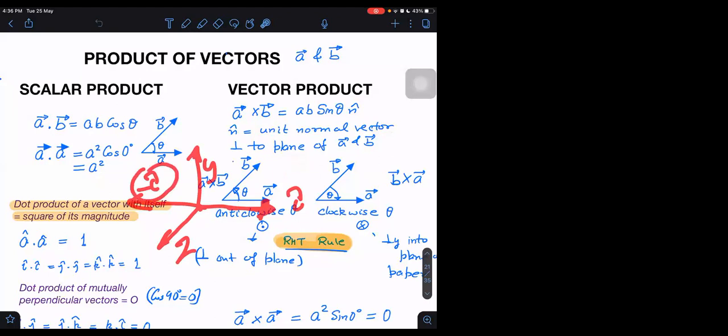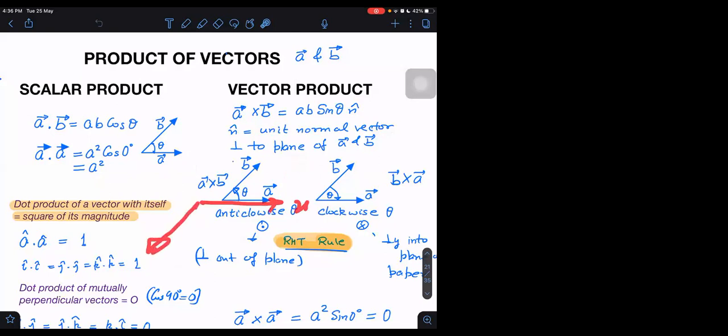Both I cap as well as minus I cap are perpendicular to the YZ plane. Similarly, if I take the XZ plane, then again I can draw two perpendiculars, either along J cap or along minus J cap. Any plane will have two perpendiculars. So this definition is not sufficient.